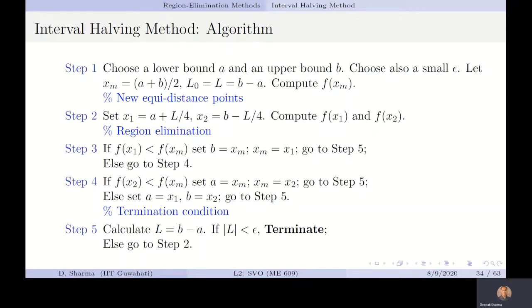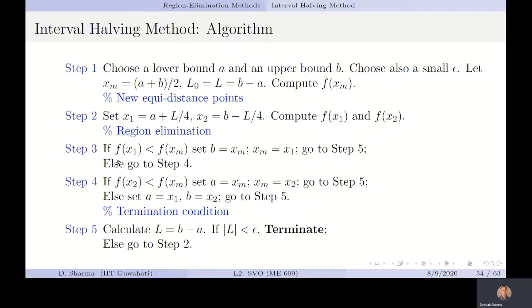Suppose none of the conditions given in step 3 and step 4 are satisfied, then we know this is the condition where the regions on both sides, a to x1 and x2 to b, should be eliminated. Therefore, we set a equal to x1 and b equal to x2.